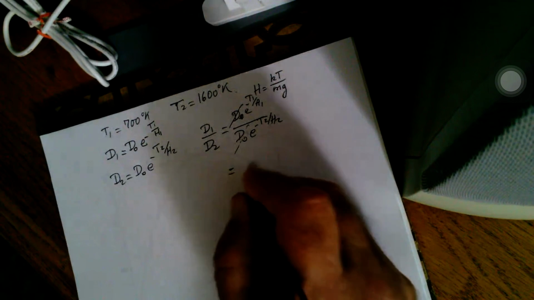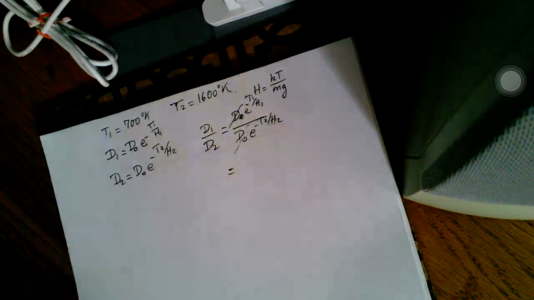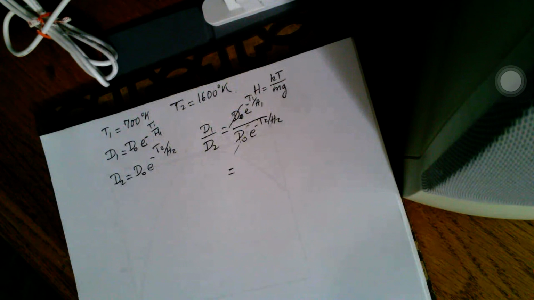And this would be, therefore, now, what is exponential A over exponential B? Can somebody tell me what exponential A over exponential B is equal to? Come on, guys.